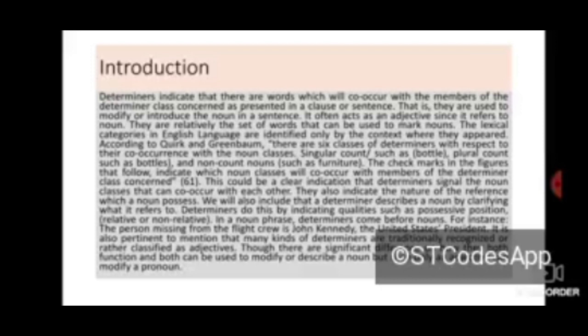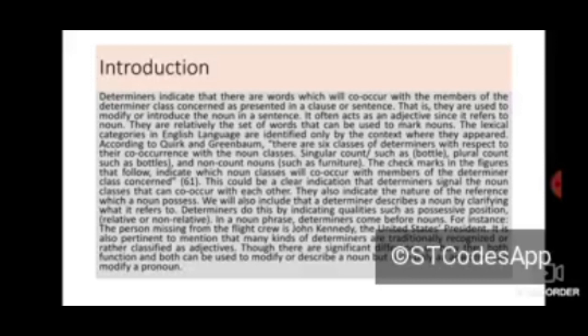According to Quirk and Greenbaum, there are 6 classes of determiners with respect to their co-occurrence with a noun class. That being said, we have singular count nouns such as bottle, plural count nouns such as bottles, and non-count nouns such as furniture.